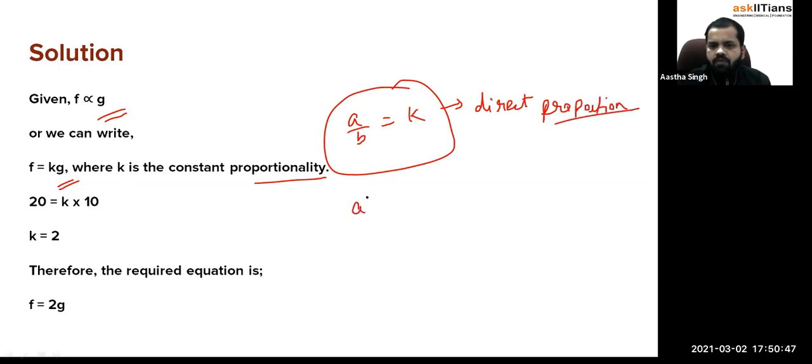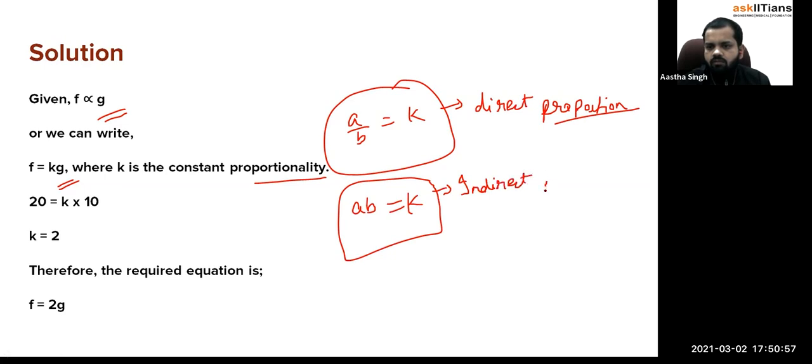And for indirect proportion, AB is equal to K.